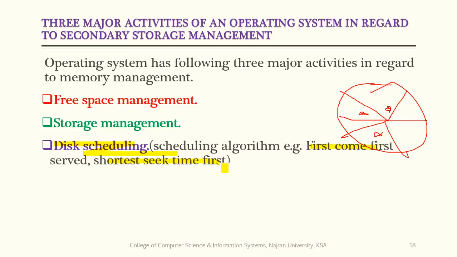For example, maybe our disk size is 10 GB, we have some data, and maybe 8 GB is free. This is called free space management. Then the second is storage management, how and where to store data, and the third one is disk scheduling.